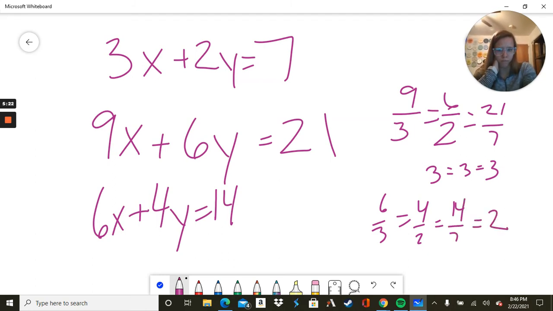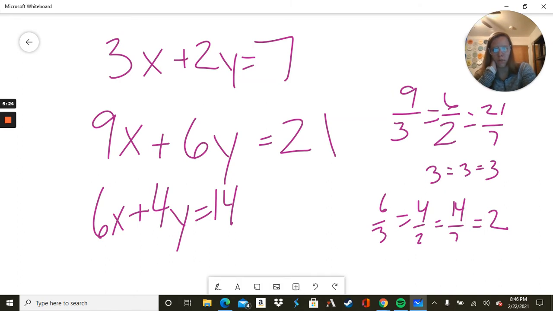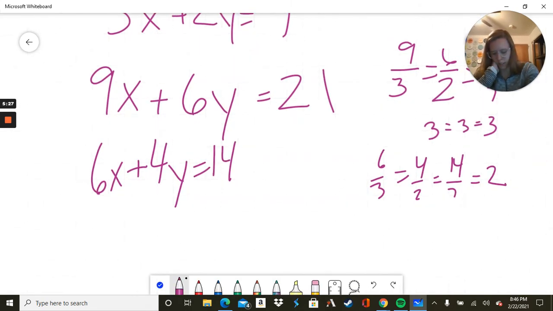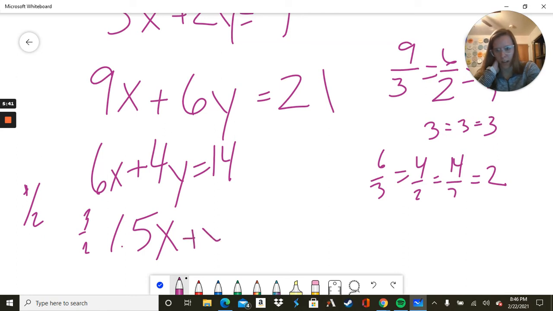All right, last one. We're going to multiply by 1/2. Okay, so 1/2 times 3 is going to be 1.5x, or 3/2, plus y.